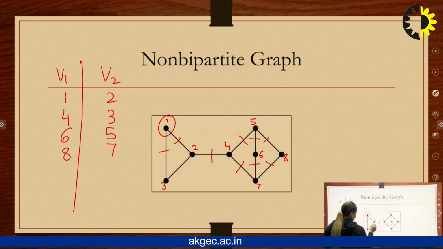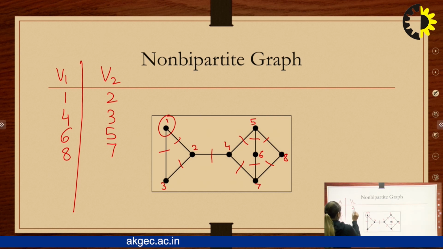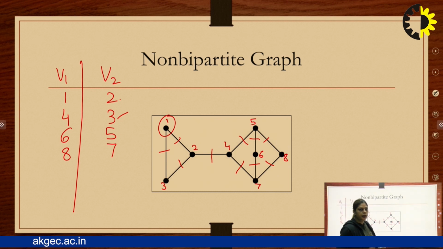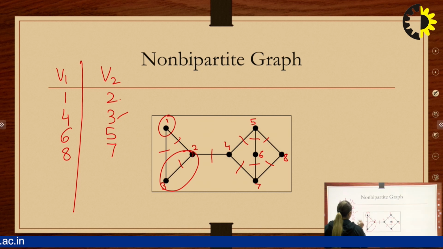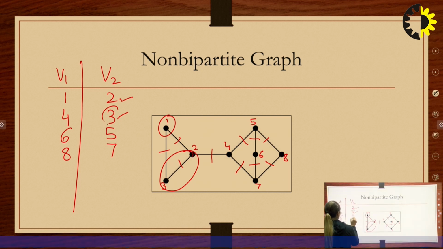Now we are left with this edge: 2 is in this set, then 3 should be in the other set, but 3 is in the same set according to the partition of the whole graph. So that's why this is not a bipartite graph.